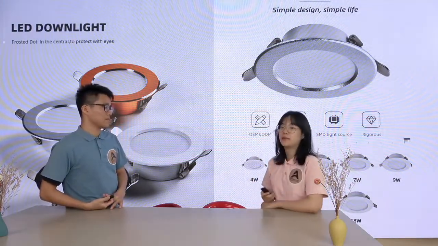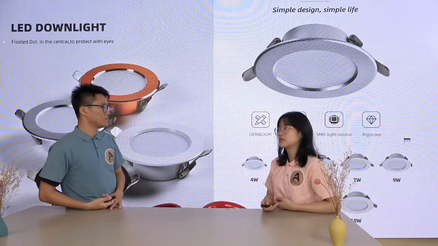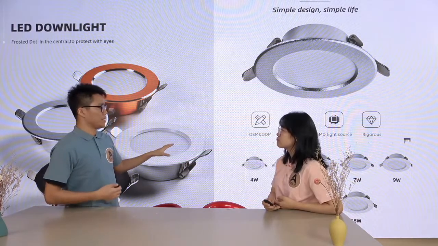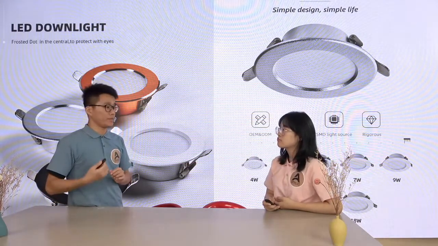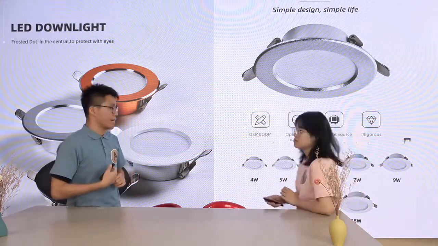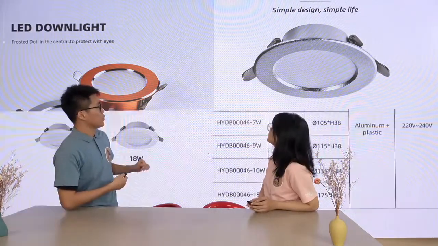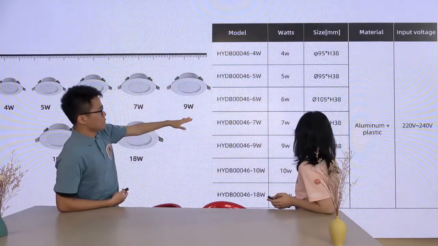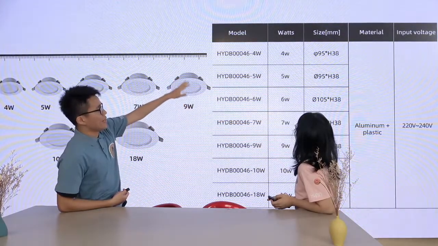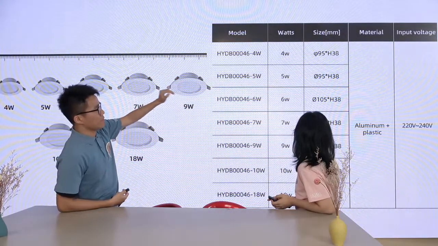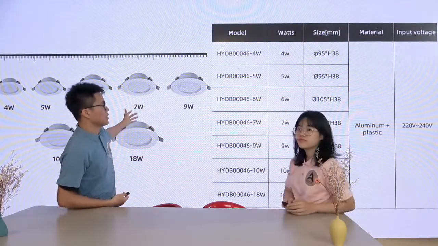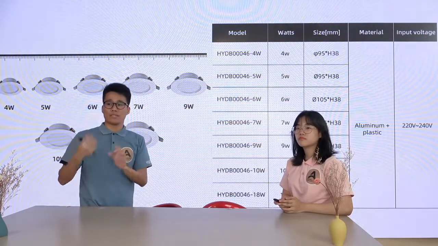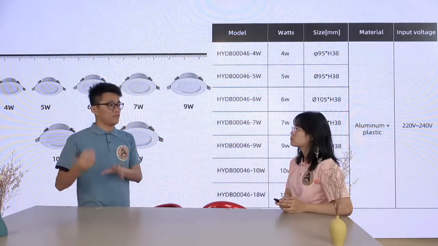But it has the same shape, which is much easier for importers to stock. With the same size, from the 4 watt to the 7 watt, the height is the same, 38 millimeters. For this series the size is very small, and the design is very simple. It can be used in different areas.